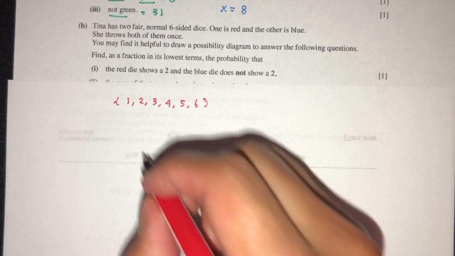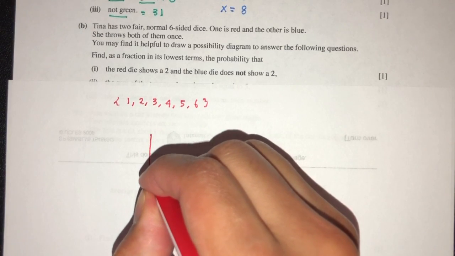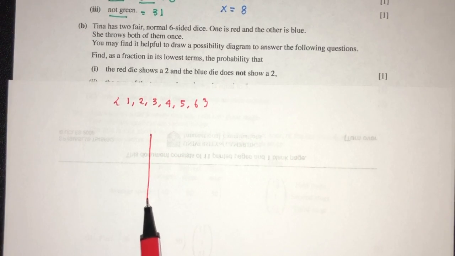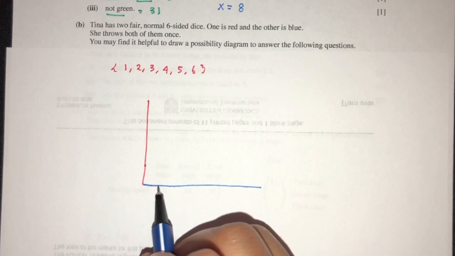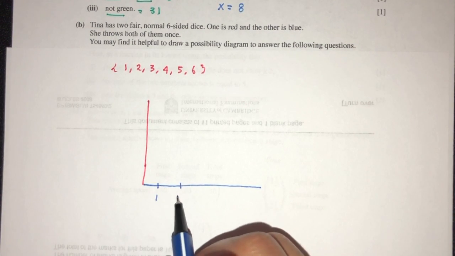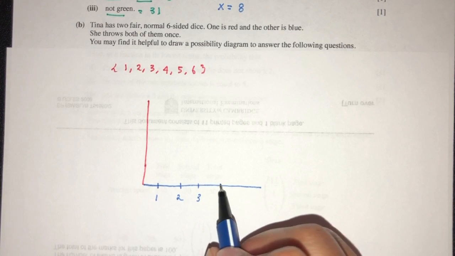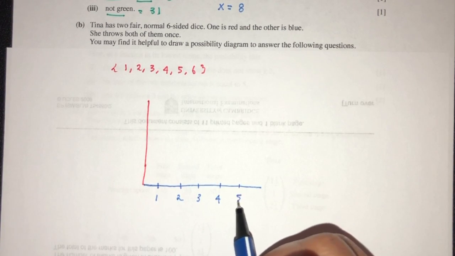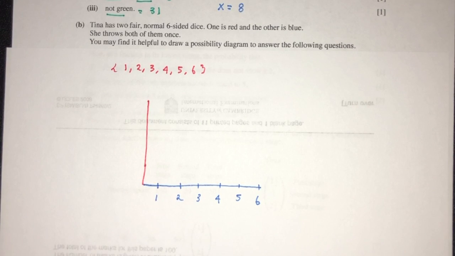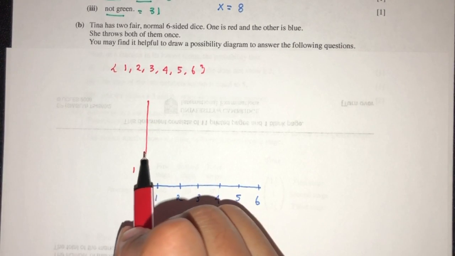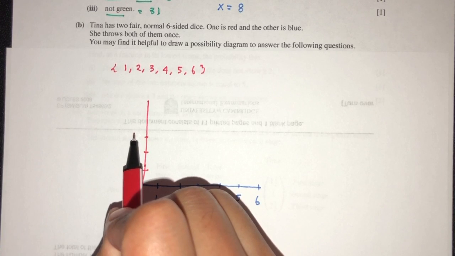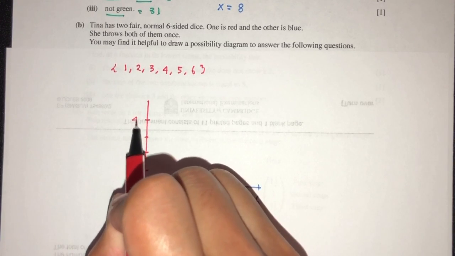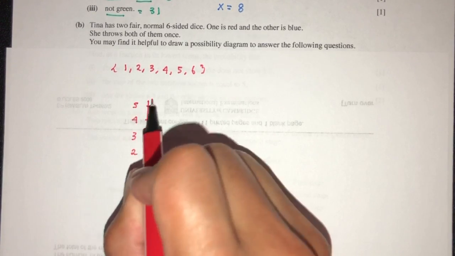So we have 2 dice. One is red and one is blue. And the outcome can be 1, 2, 3, 4, 5, and 6. The outcome here could also be 1, 2, 3, 4, 5, and 6.